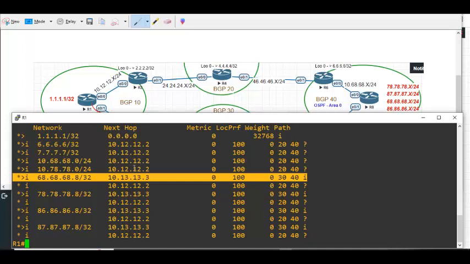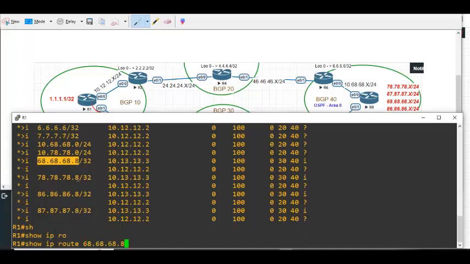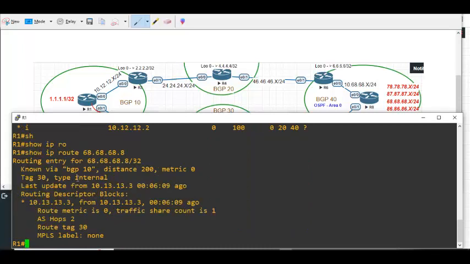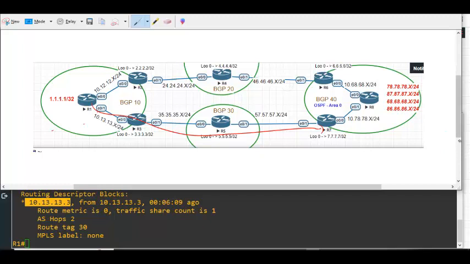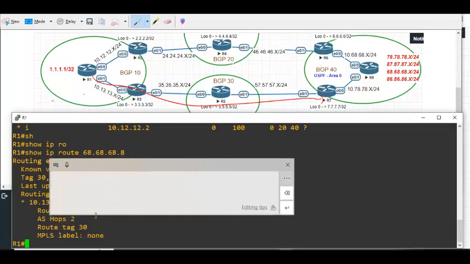Even if we check in the routing table, show IP route, you will see only router 3. Even though you have another route which is shown in the BGP table, you don't see that in this routing table.